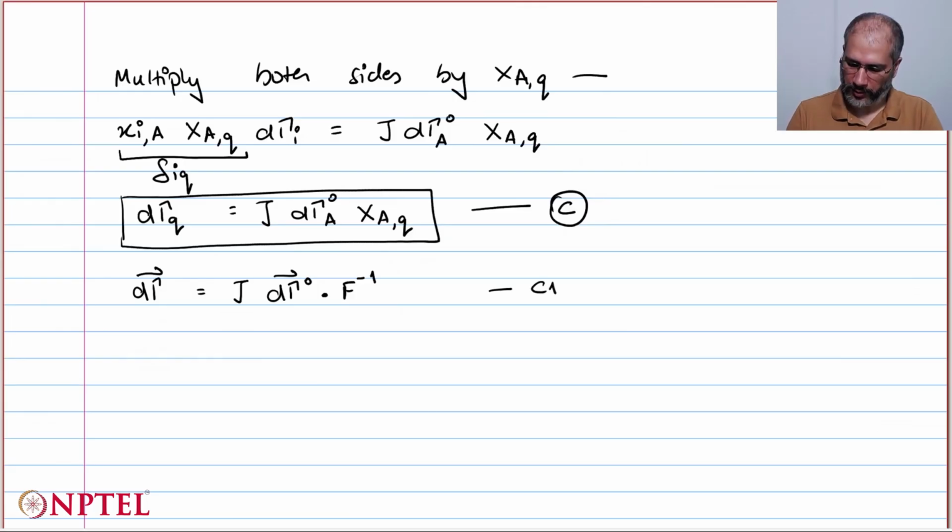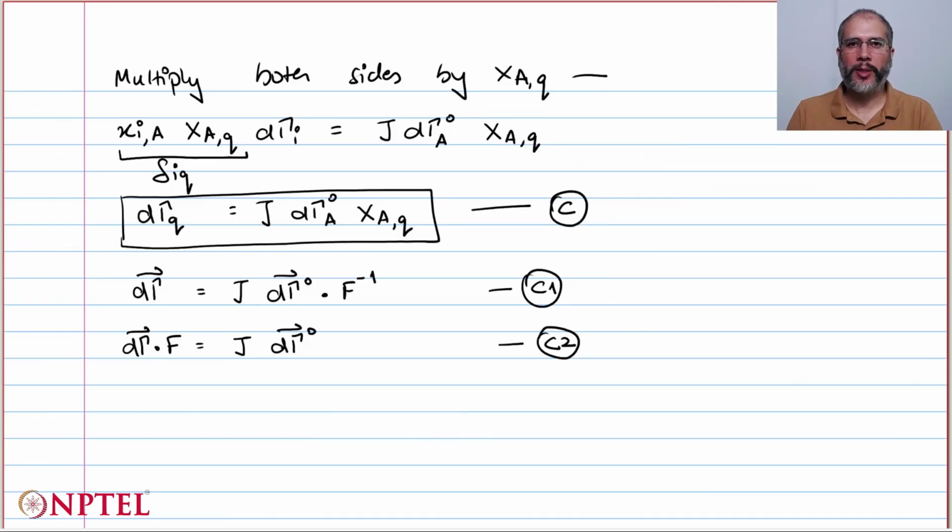So we'll call this C1. And if I take an inner product of both sides by F, we get dΓ dot F, that's equal to J times dΓ_0. And we'll call this version C2, as we'll be working with these versions in this lecture.